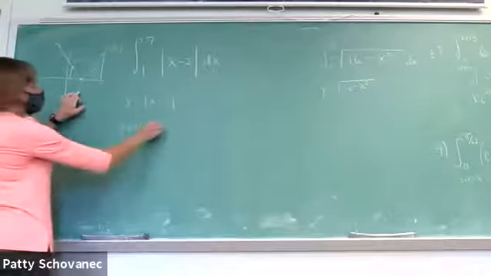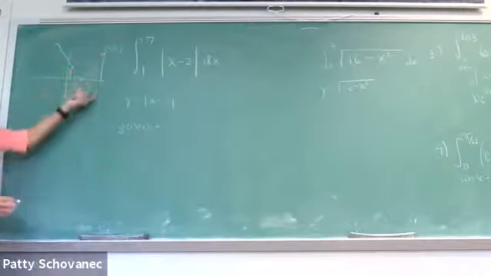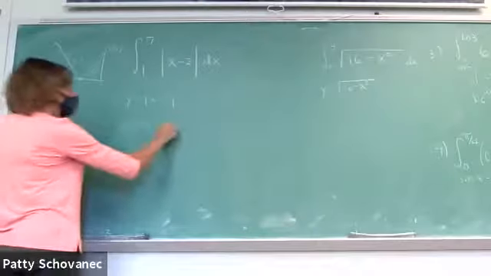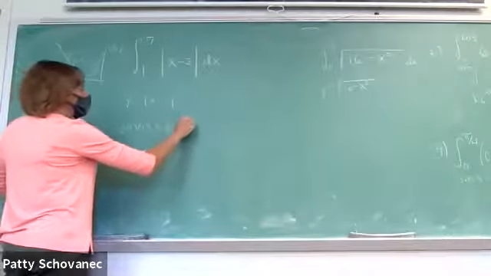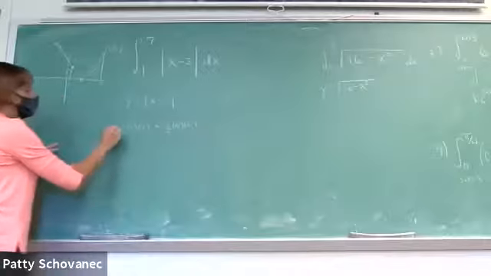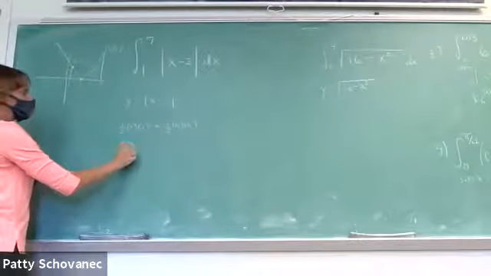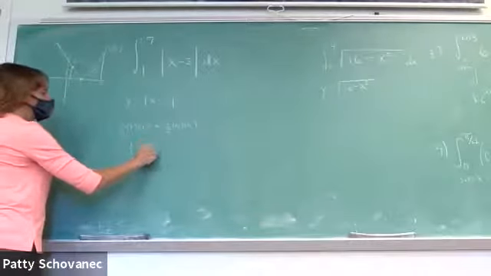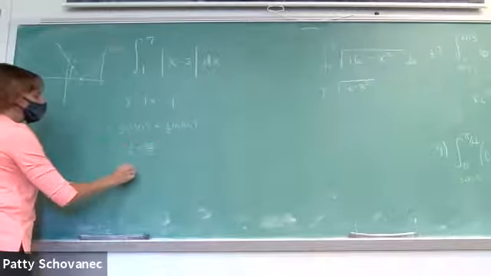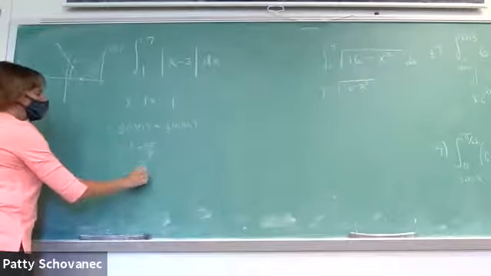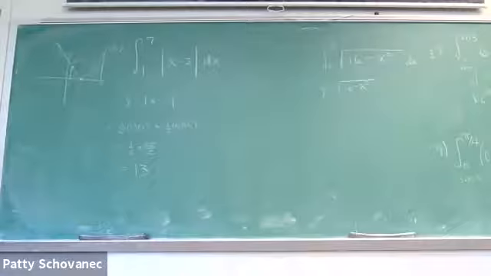The next triangle has a height of 5. How wide is the base here? 5. So it's 1/2 of 5 times 5. So you have 1/2 plus 25 halves is 26 halves, which is 13 units of area.